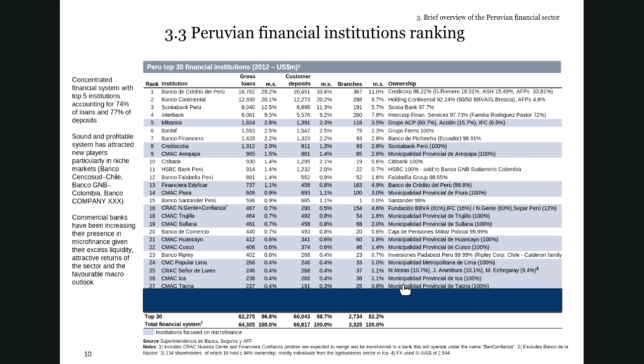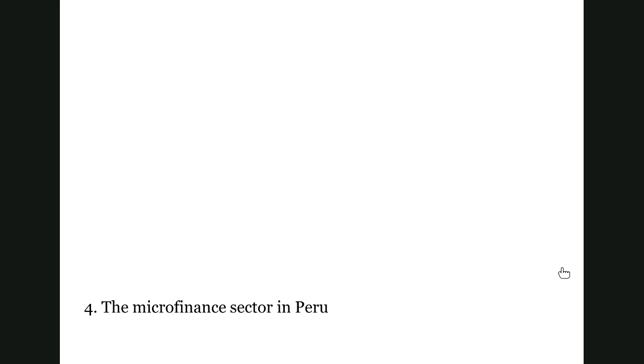You show loans, market share, deposits, market share, branches, market share, and ownership. So a lot of detail for each of the players in the market. Who are the main key shareholders in each case, okay? So very detailed information and a lot of work, okay?